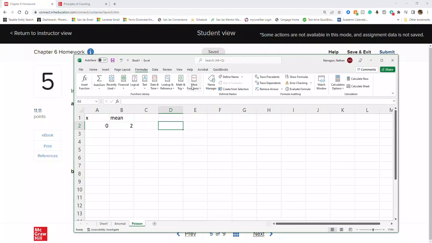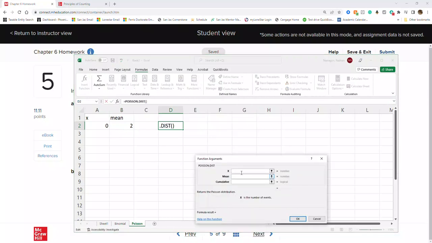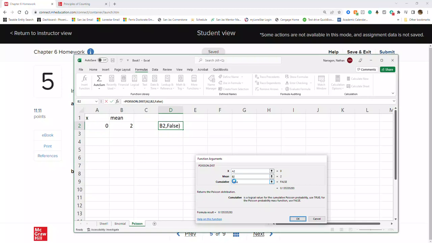We can go to formulas, then statistical, and then find Poisson. And there it is, Poisson distribution. Click. It's going to ask you what is x. We highlight the box. Then we click here for the mean. Then last, it has that cumulative option. This is discrete, so this is false.